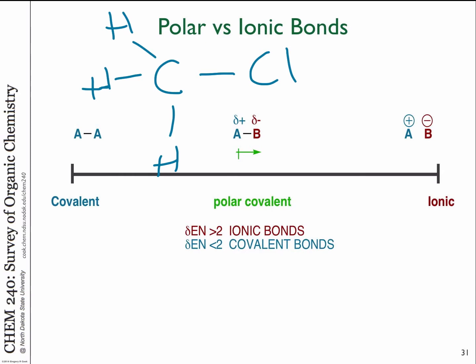The chlorine. That's right. Chlorine is the most electronegative. It's pulling the electron density in the sigma bond towards it. Okay? So it means this end of the molecule is going to be partially negative charged, and the carbon is going to be partially positive charged, right?